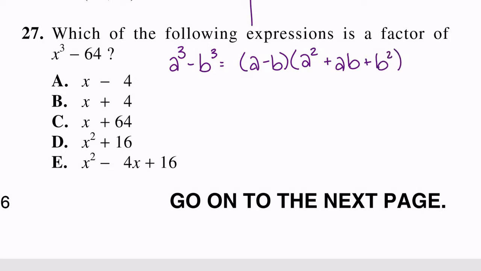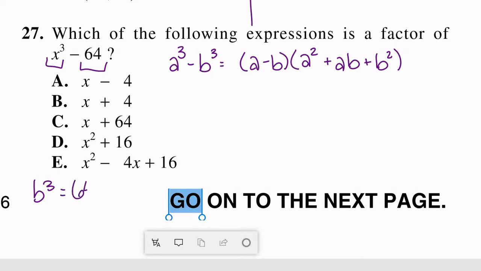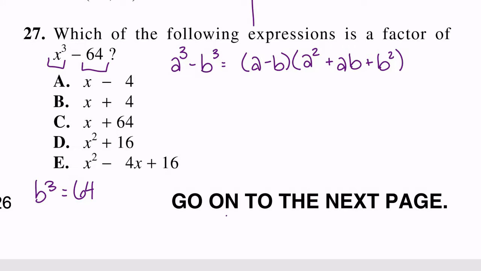So here we have a cubed and then minus b cubed. So if we know b cubed is equal to 64, we can solve for b by taking the cube root.